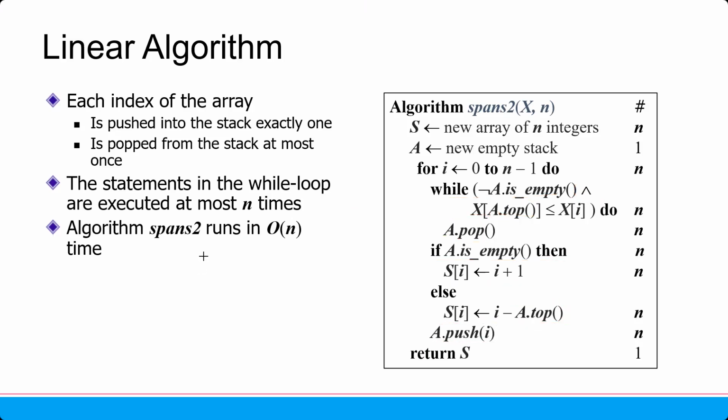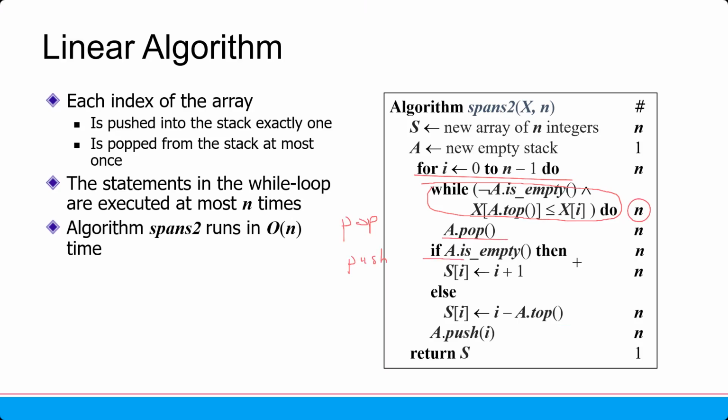If you look at this, we will do this only n times, following this for loop. And this pop is only a one time operation. If you learn about the stack, pop is one time, and push is also one time.